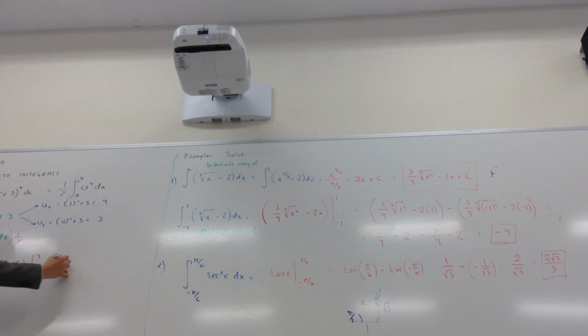So now I have u to the 5 over 10 from 3 to 4. So it's going to be 4 to the 5th power over 10 minus 3 to the 5th power over 10. Remember, this is this with 4 minus this with the other one.